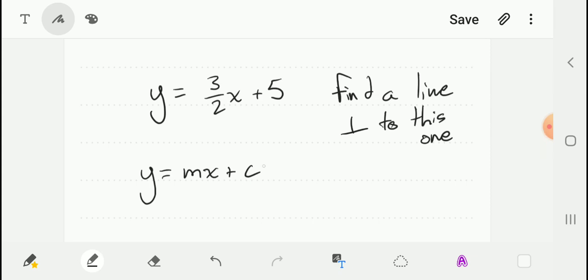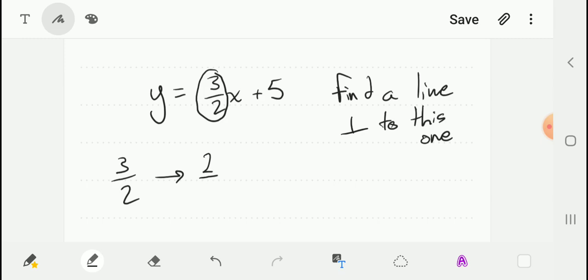C can be anything, but m cannot be anything. We have to take the negative reciprocal of this gradient. So 3 over 2, the reciprocal is 2 over 3, which means the negative reciprocal is -2 over 3. Now I can write the equation of any line so long as it has that gradient.